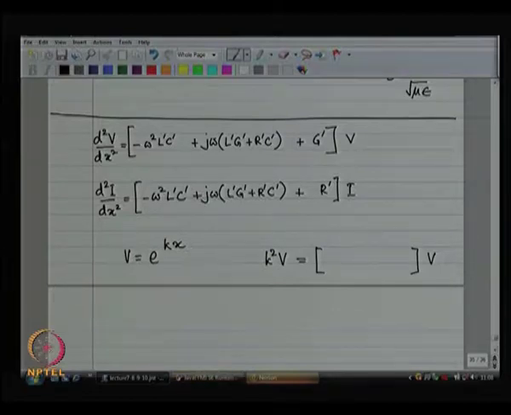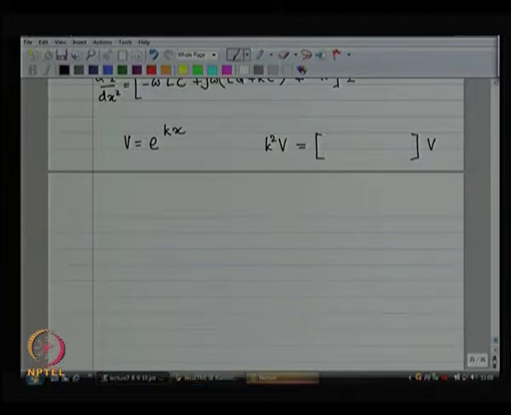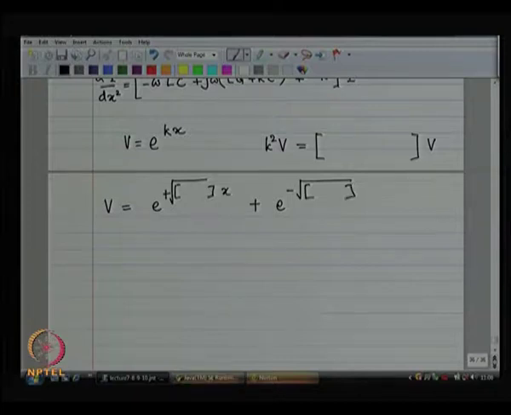So, what is the voltage finally going to be equal to? Finally, the voltage is going to be equal to e power the positive square root of this thing times x plus e power the negative square root of whatever is in the bracket times x.